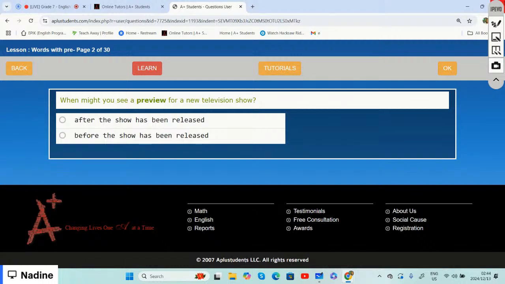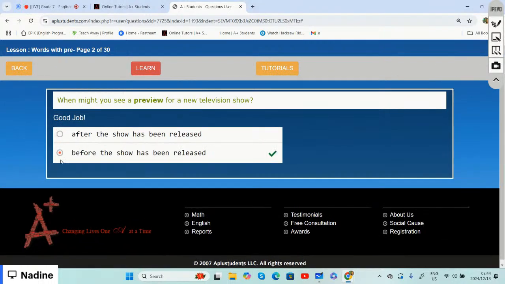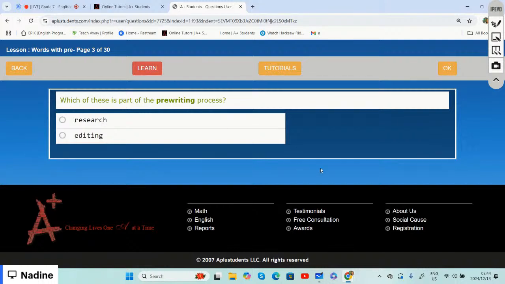And the word preview is something that we will watch before it has been released. So before it is released, then we watch a preview.